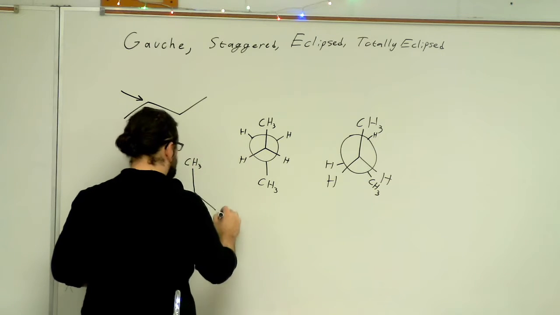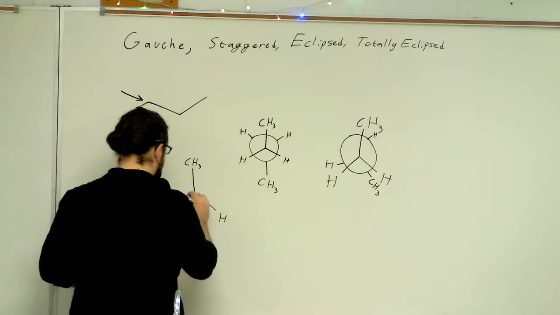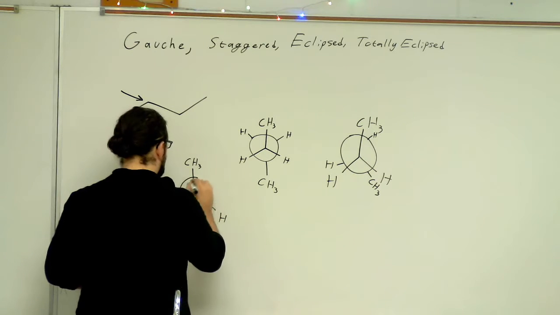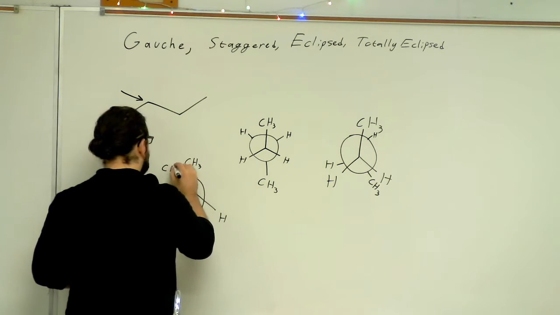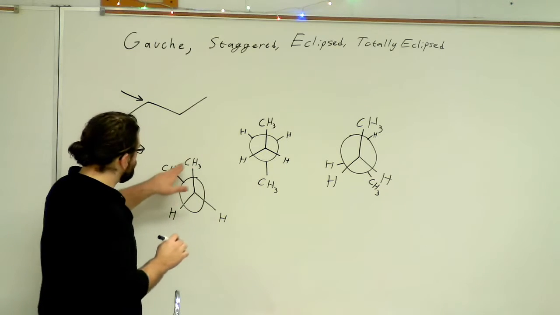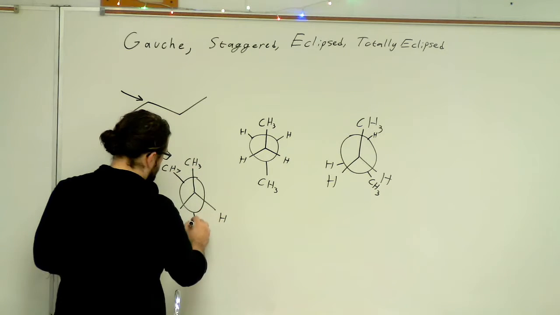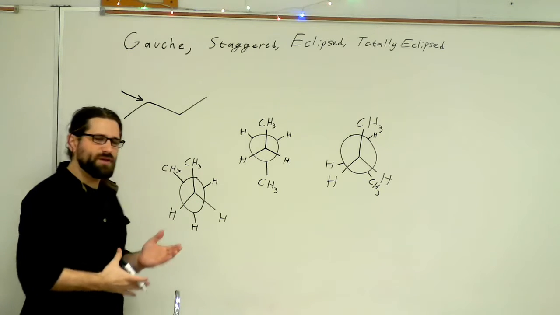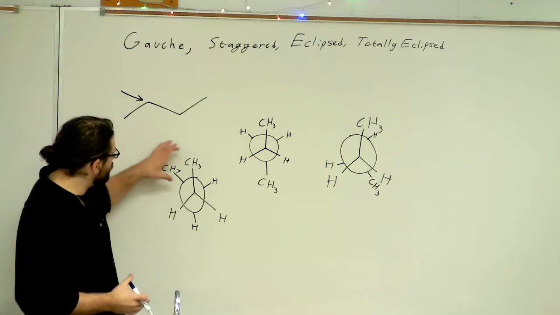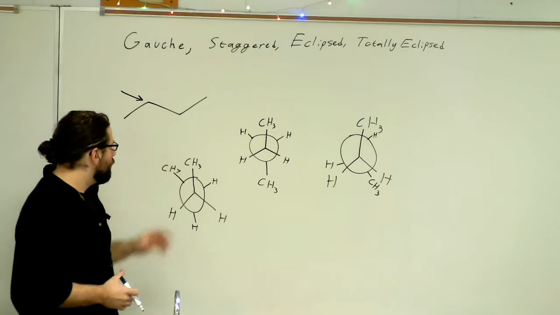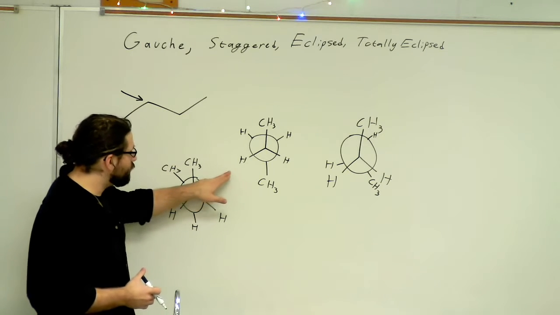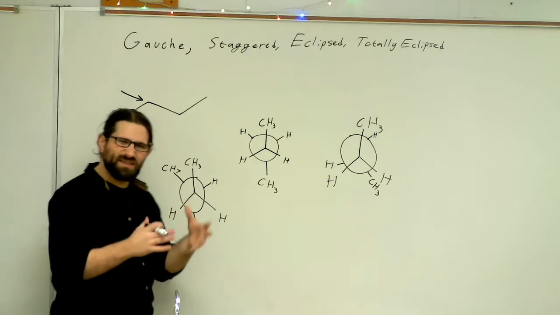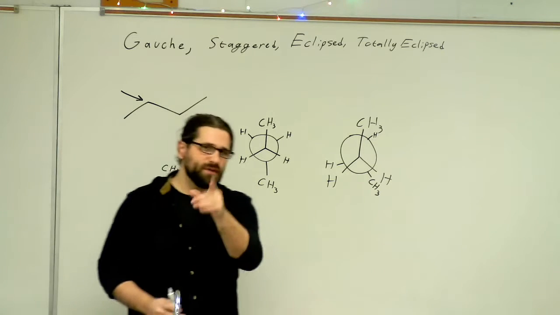CH3 still on top. And my back carbon has that CH3 right next to it. Okay? So we can see this is a staggered conformation, but it's a little bit different. We're going to have a bigger energy change right here. It doesn't matter if I move this back over here, it's still going to have that similar distance. Okay? And we'll give this a name in just a sec.